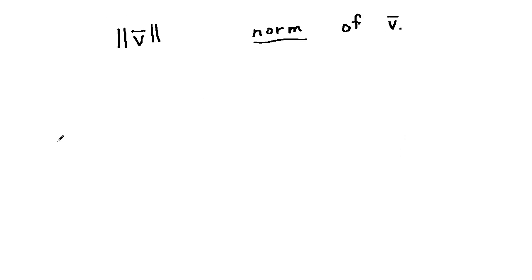Okay, let's do an example. Find the norm of this vector. If I drew the graph, 1, 2, 3, 1, 2, 3, 4. Those are the coordinates for this vector.